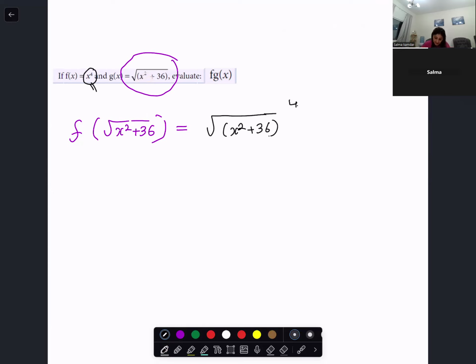Okay. So this would be what? Root means half. So x square plus 36 raised to half and the whole raised to 4. So this would become square. So this would be x square plus 36, the whole square.